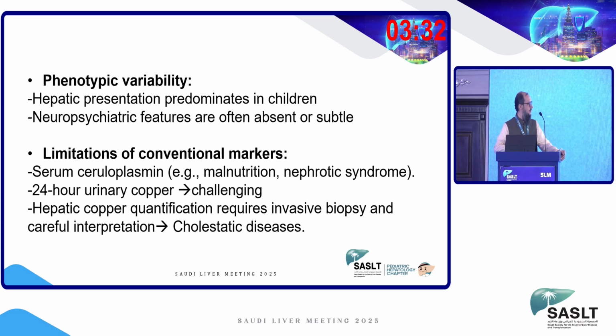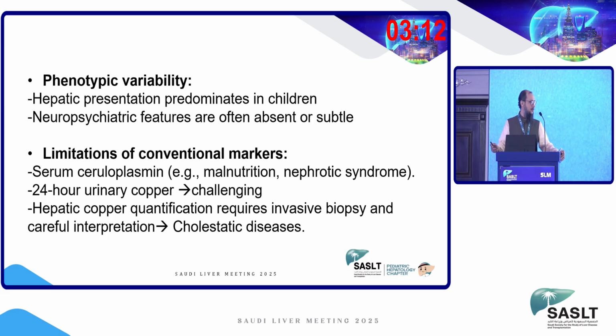The limitations of conventional markers like ceruloplasmin, which may be falsely low in malnutrition or nephrotic syndromes. 24-hour urinary copper is always a challenging test to perform, especially in younger children in whom collection is next to impossible.